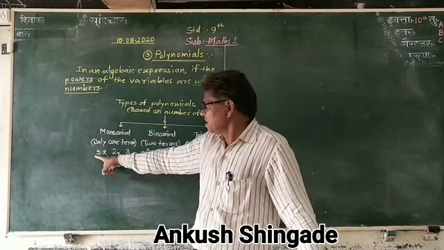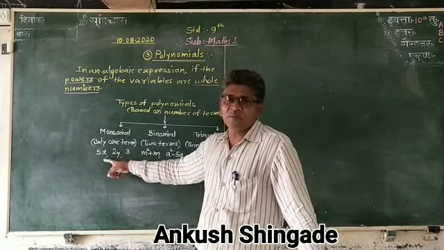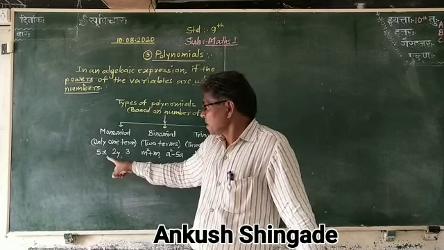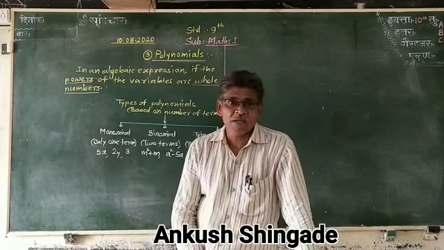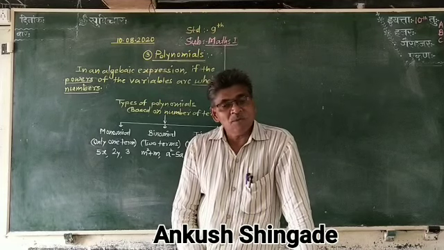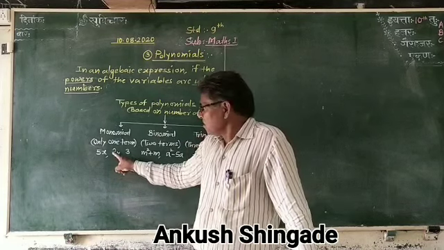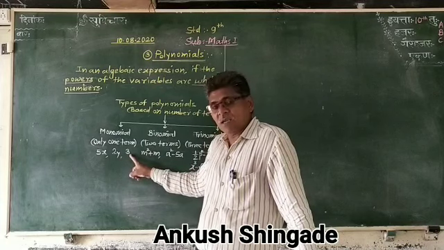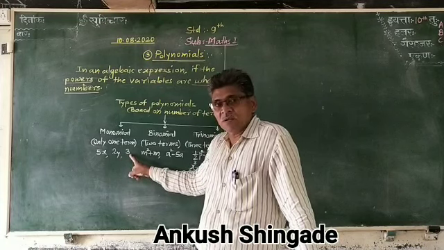For example, there are three separate examples of monomials. 5x is a monomial. 2y is also a monomial, or 3 is also a monomial.